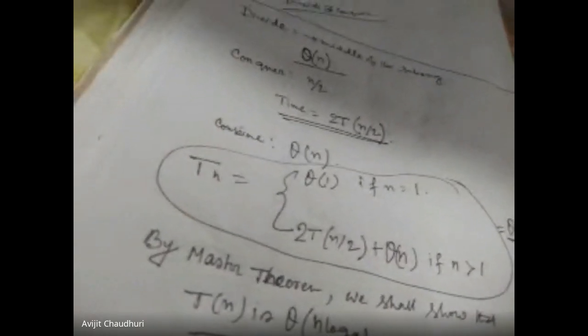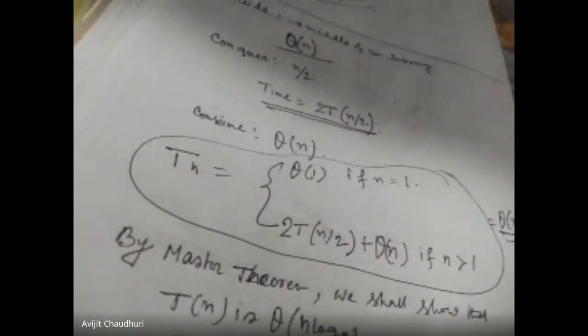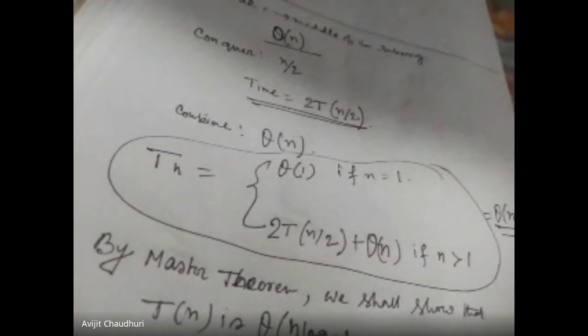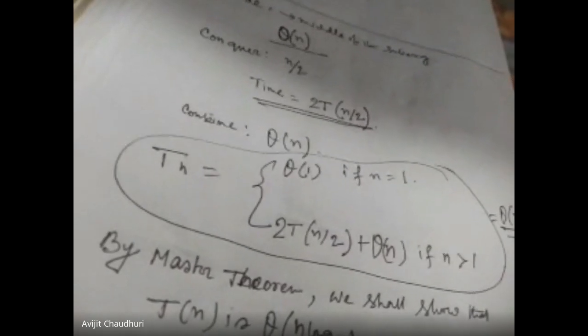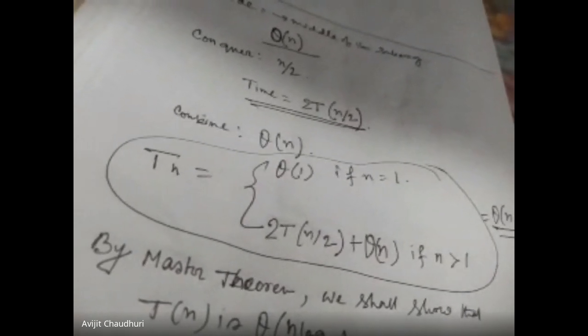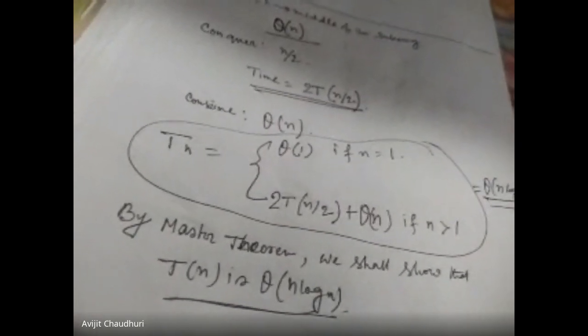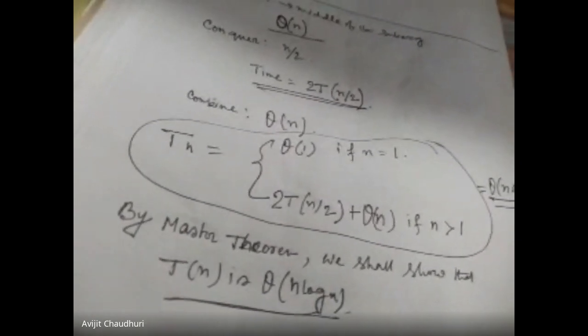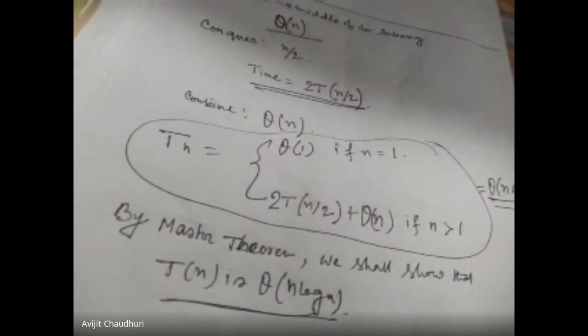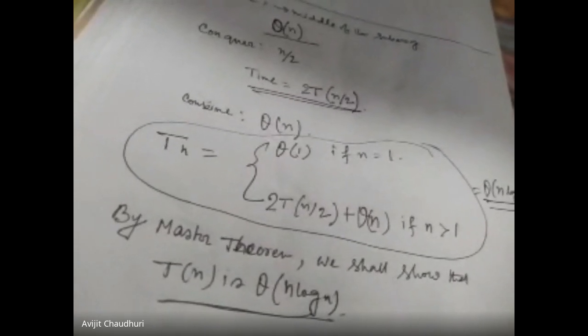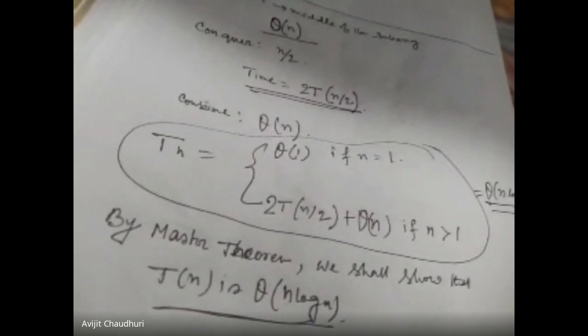So in the worst case also, merge sort is much more efficient than insertion sort or bubble sort, because here the complexity is n log n, and in insertion sort or bubble sort, the worst case complexity was n square, which is much higher. So in that way, this can be proved.